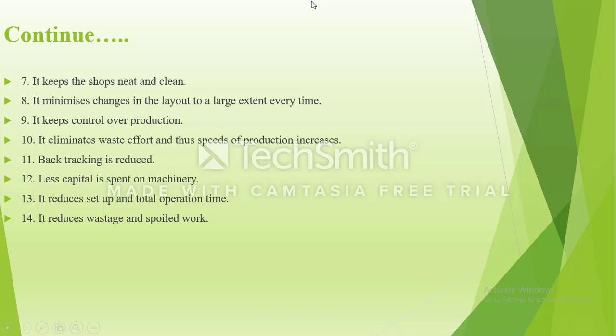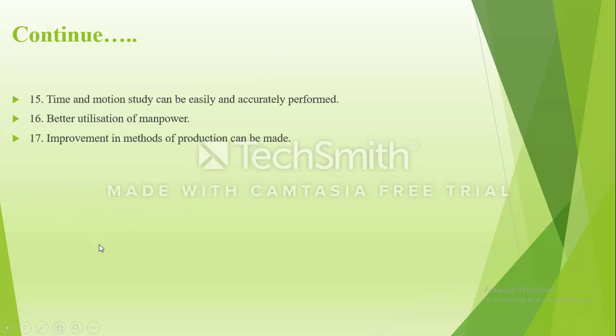It reduces wastage and spoiled work. As well, time and motion study can be easily and accurately performed. Better utilization of manpower, and the last advantage is improvement in method of production can be made. So these are all about the advantages of good plant layout.